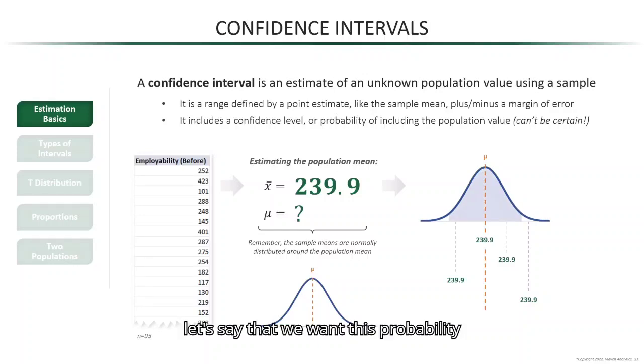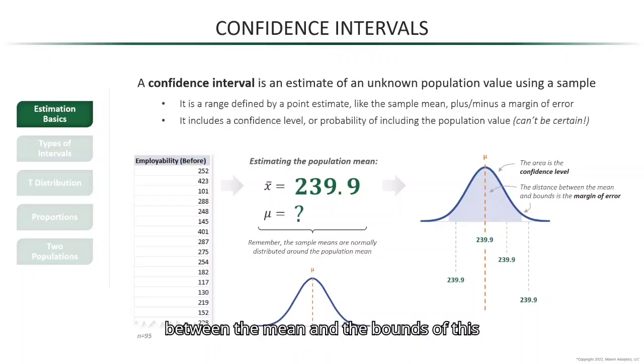So let's say that we want this probability right here of including the population mean in our confidence interval. Well, this area is known as the confidence level. And the distance between the mean and the bounds of this area is the margin of error.